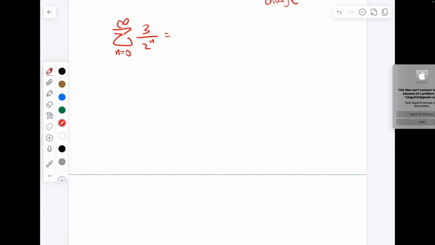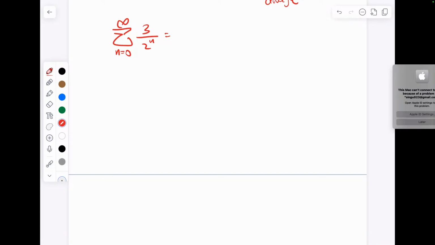So what is the answer for this one? Is it n equals 0 or n equals 1? N equal to 0. You start with n equal to 0 in this case.